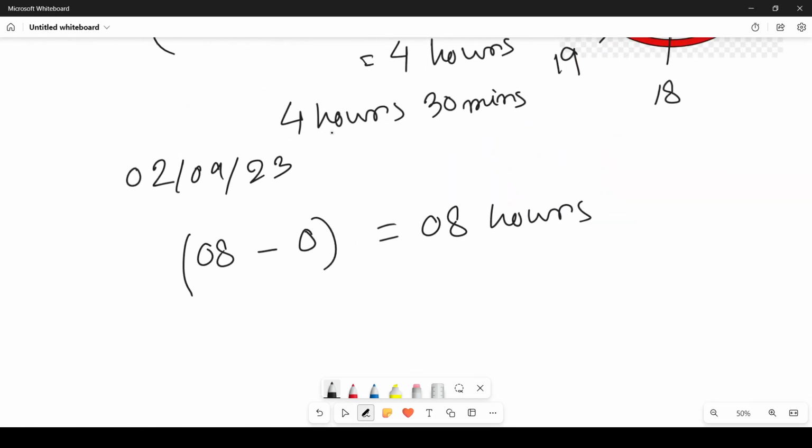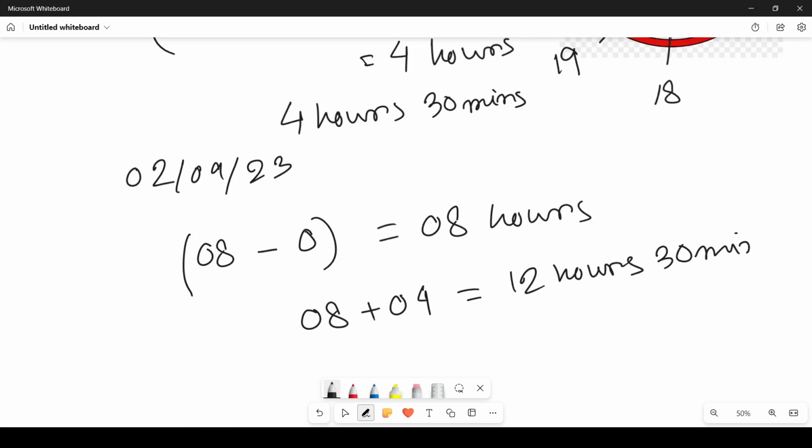So you have the previous value, which is 4 hours 30 minutes, so you need to add the hours first, which will be 8 plus 4 is 12 hours, and there are no minutes here, so it will be 12 hours and 30 minutes.